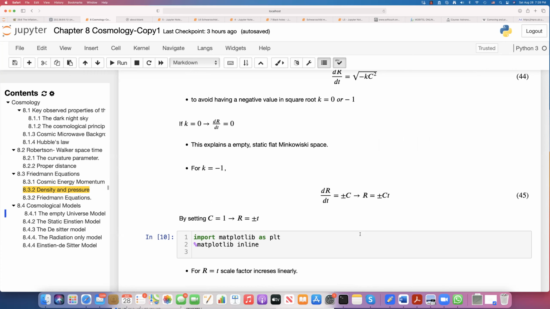Because of that, I have chosen the same models that are discussed in the book, which are very simple to understand, and you can get the basic idea. We will not go into very complex models, but as an initial point, we will discuss these things. And also we have to discuss what is the currently accepted universe for us. That will be the last section in this lecture.